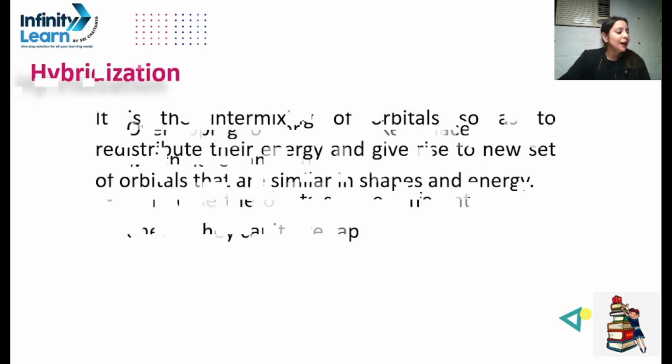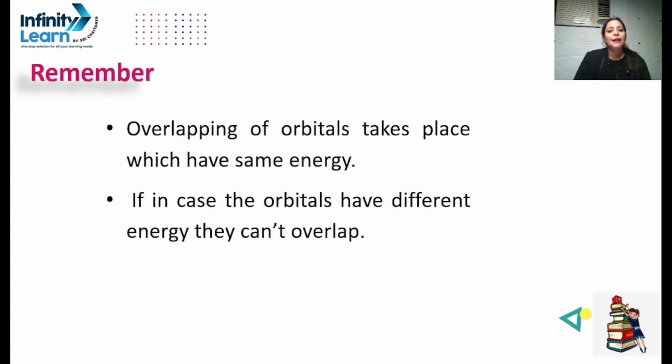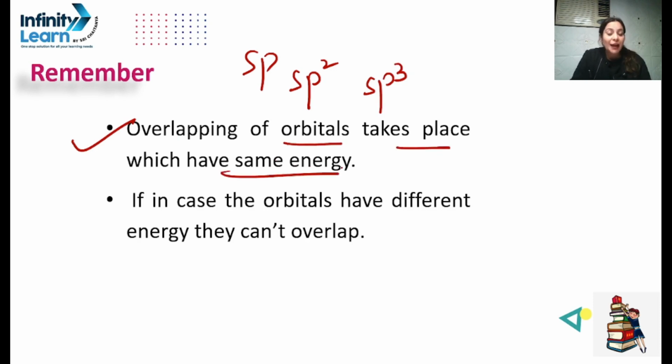same energy. So there are different kinds of hybridization, like sp hybridization, sp2 hybridization, sp3 hybridization. So the more the overlapping, the stronger the bond. Overlapping of orbitals takes place between orbitals which have the same energy, and orbitals which have different energy can't overlap.